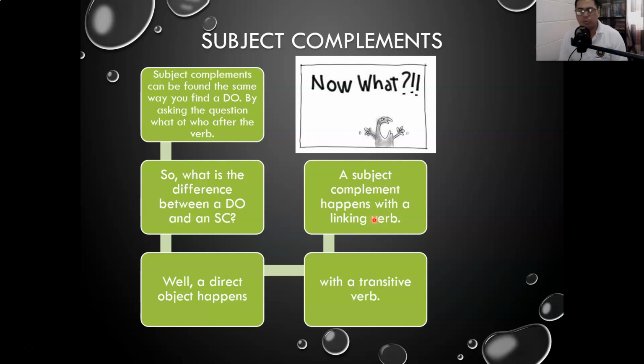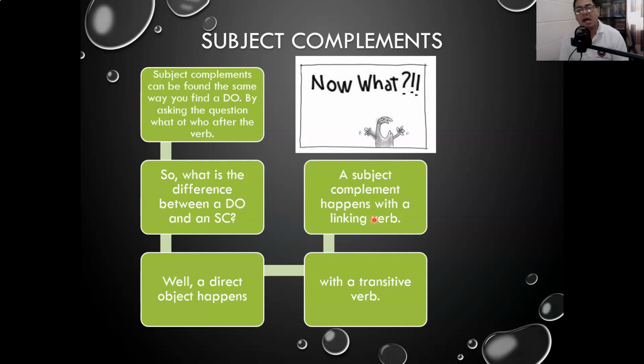And of course, we have more linking verbs, but the one that we are familiar with is verb to be. Now pay attention, verb to be as a principal verb, right? Not as an auxiliary verb. Remember that verb to be can also be an auxiliary verb for continuous forms. It can be an auxiliary verb for passive voice, right?